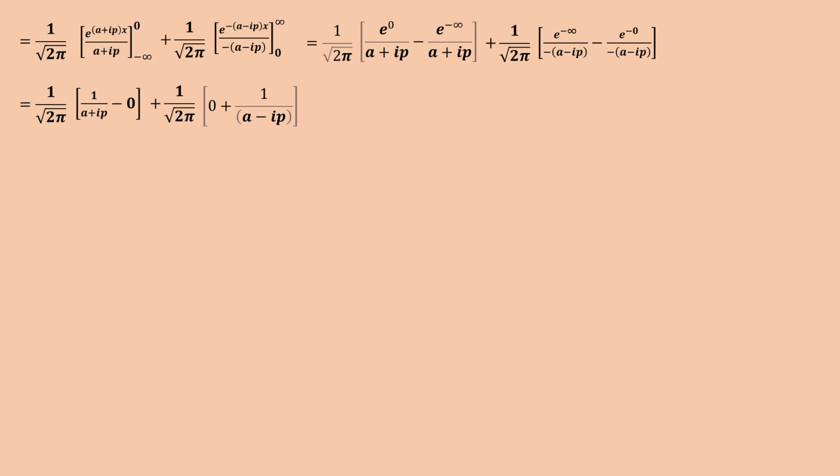The minus signs in the denominator cancel, so we will get plus 1 by (a-ip).